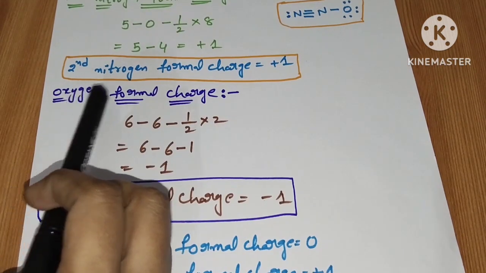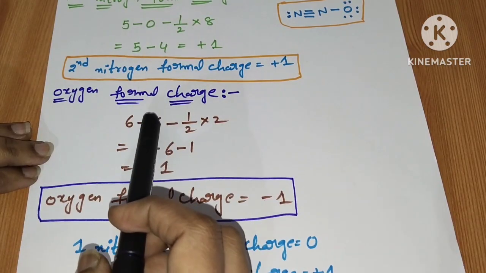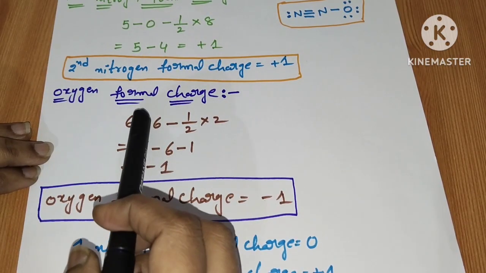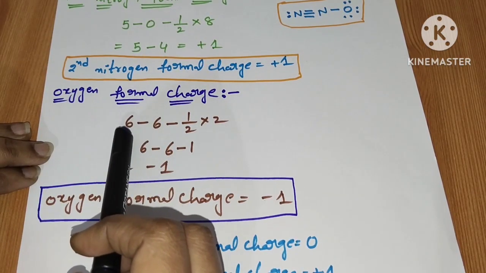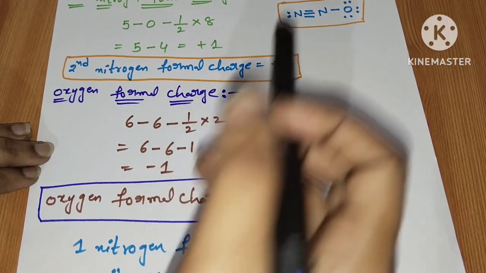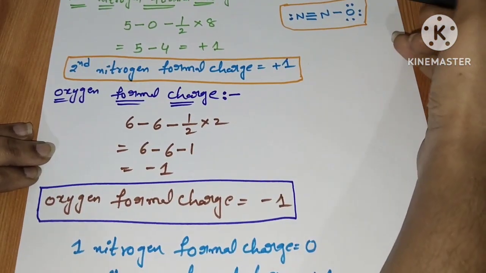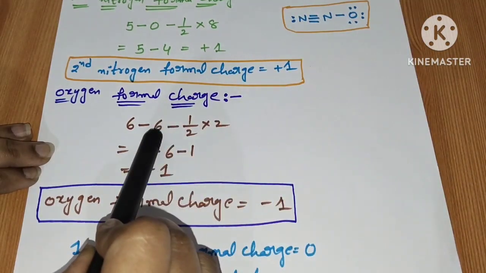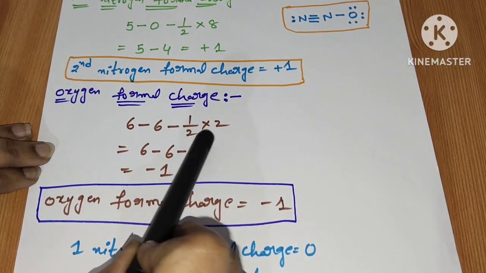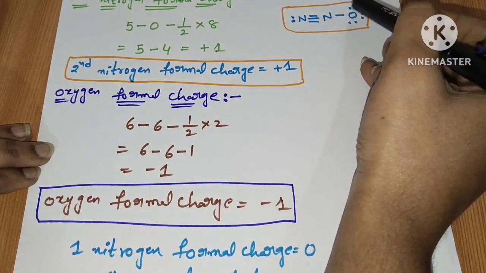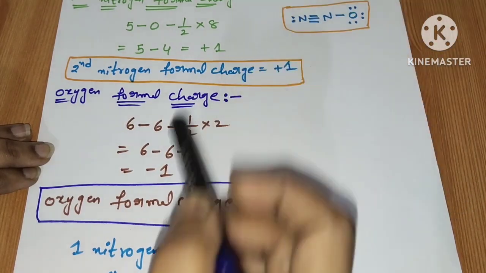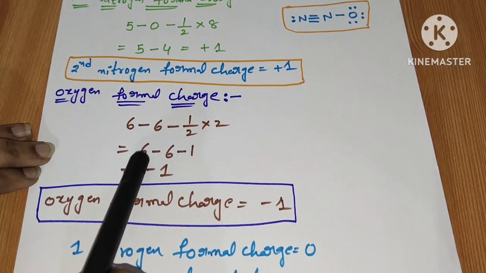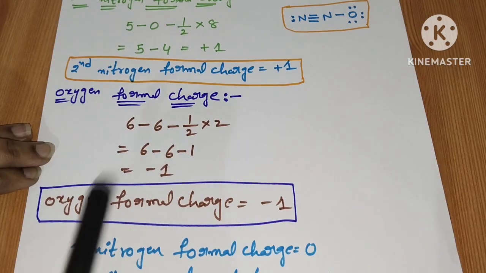Next, look at the oxygen formal charge. Valence electrons of oxygen is 6, minus how many lone electrons are here? 1, 2, 3, 4, 5 and 6. Minus half times how many bonded electrons are here? 1, 2. 6 minus 7 equals -1.